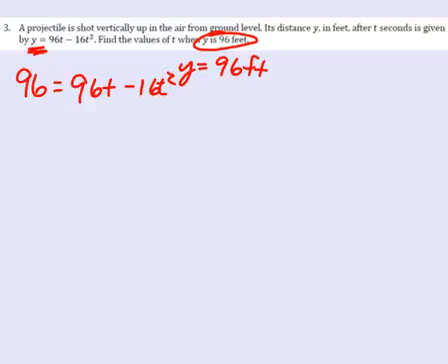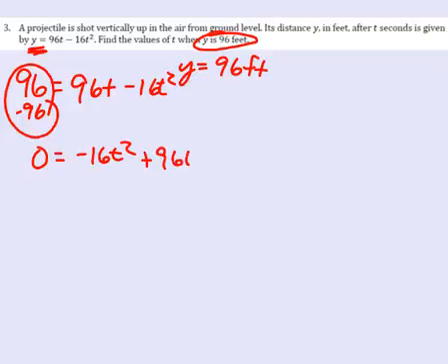Now y needed to be 96, which equaled 96t minus 16t squared. So really what I'm telling you is that I have to subtract this 96. So now we're going to have 0 equals negative 16t squared plus 96t minus 96. We'll just do quadratic.